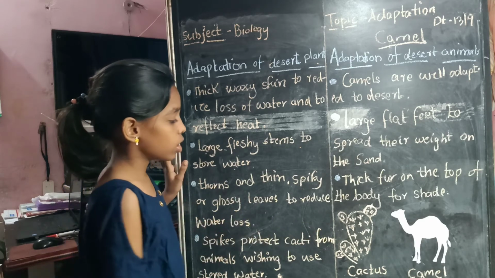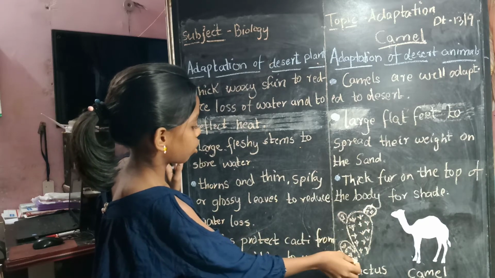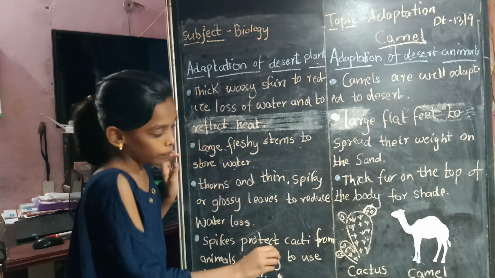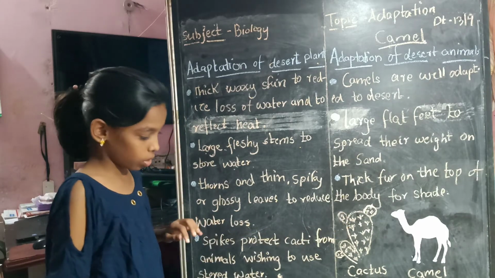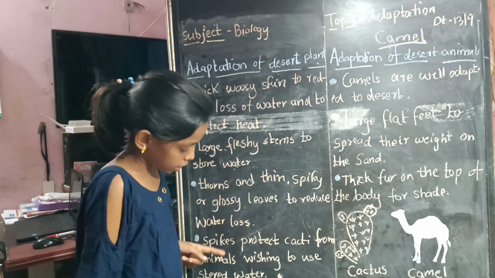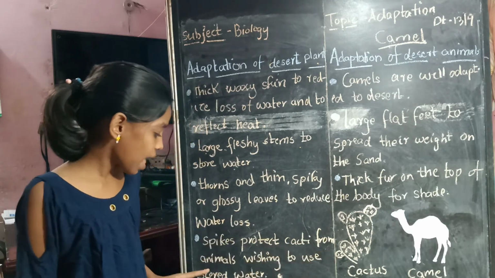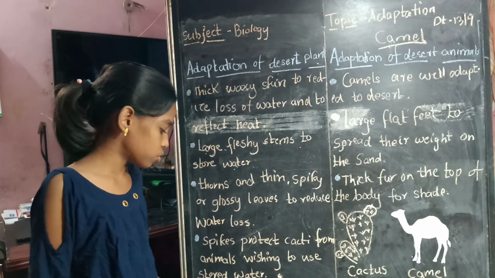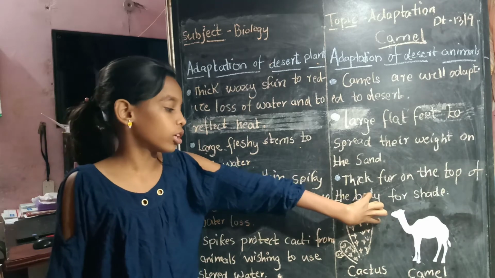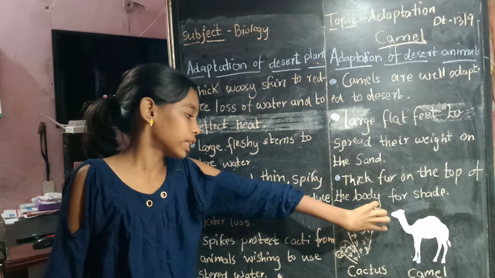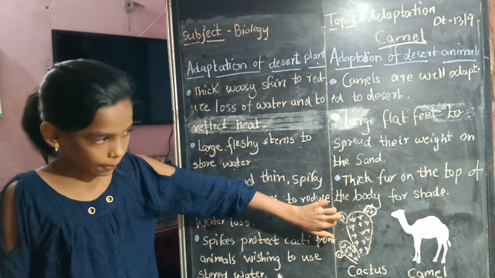And the spikes protect the cactus from animals wishing to use stored water. Some animals which want to drink the water from this cactus, the spikes will be very helpful at that time.